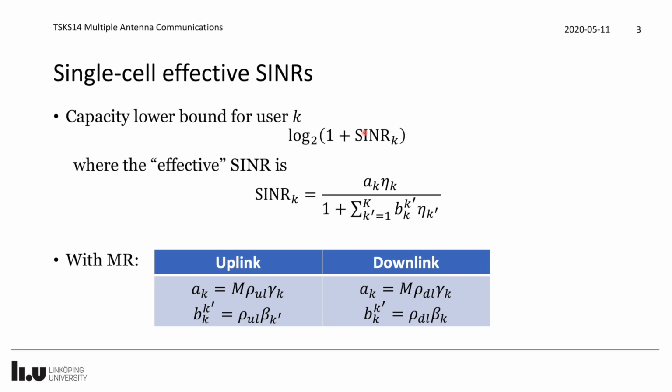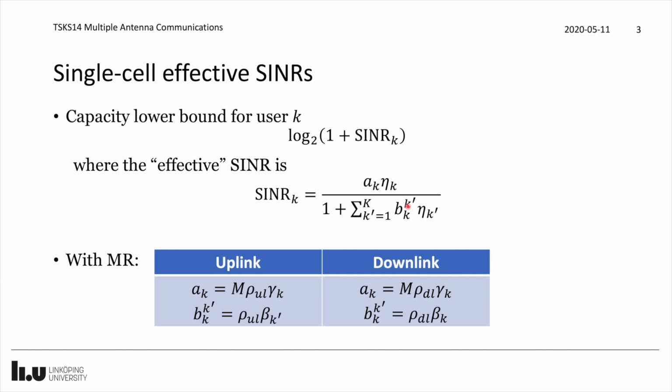Therefore it effectively behaves as if we had an additive white Gaussian noise channel, but it's actually just a capacity lower bound for a more advanced type of channel where we have multiple users. Therefore this is not the capacity but a lower bound on it. But the interesting thing here is that in terms of the power control coefficients, we have the eta k here, we have the eta k prime here, and then we have some different factors here.